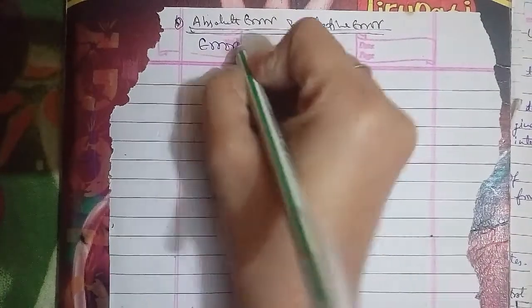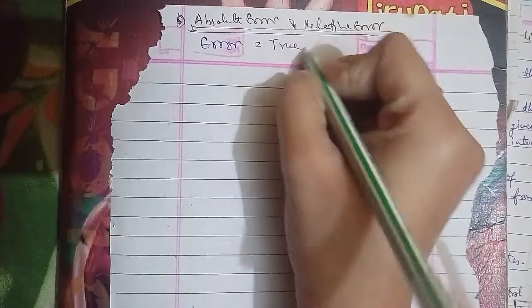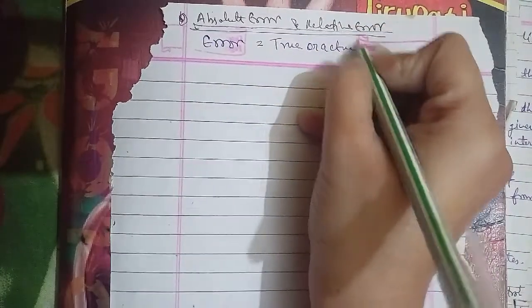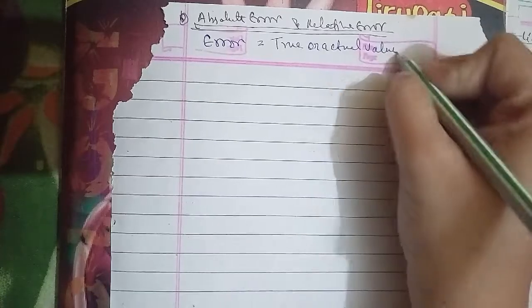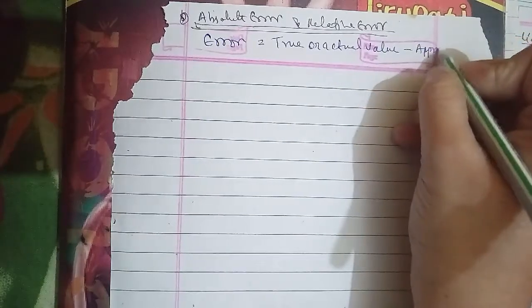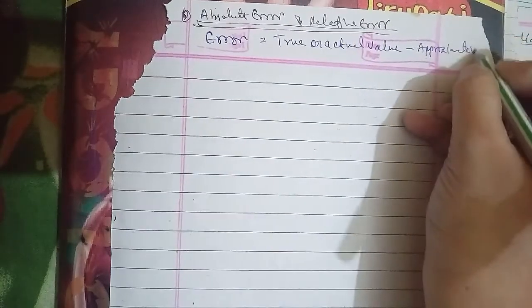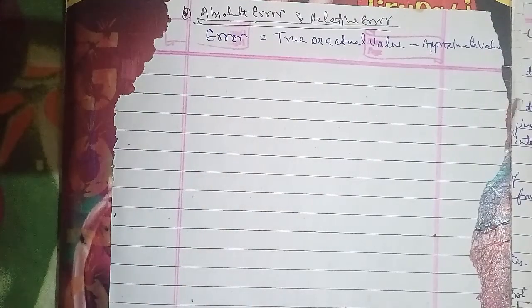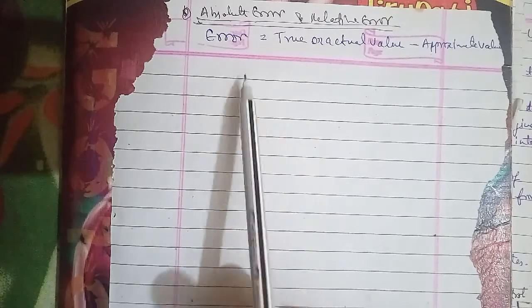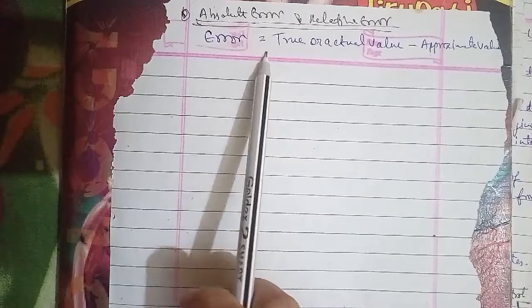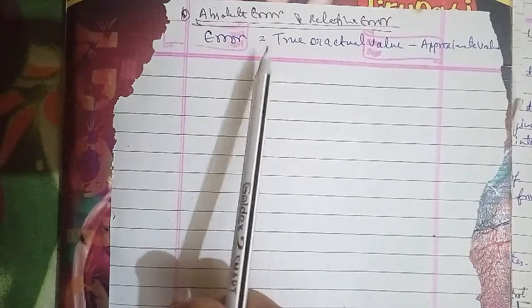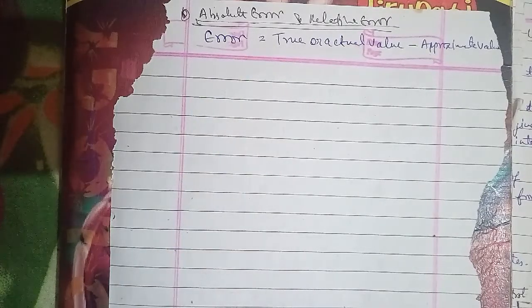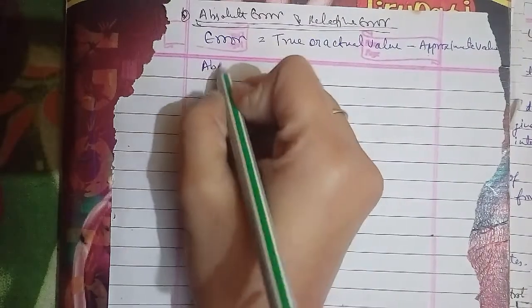The formula is: absolute error equals the magnitude of true or actual value minus approximate value, represented as E_A equals E_T. The absolute error depends upon the magnitude of the actual and approximate values, and hence absolute error alone does not provide complete information.